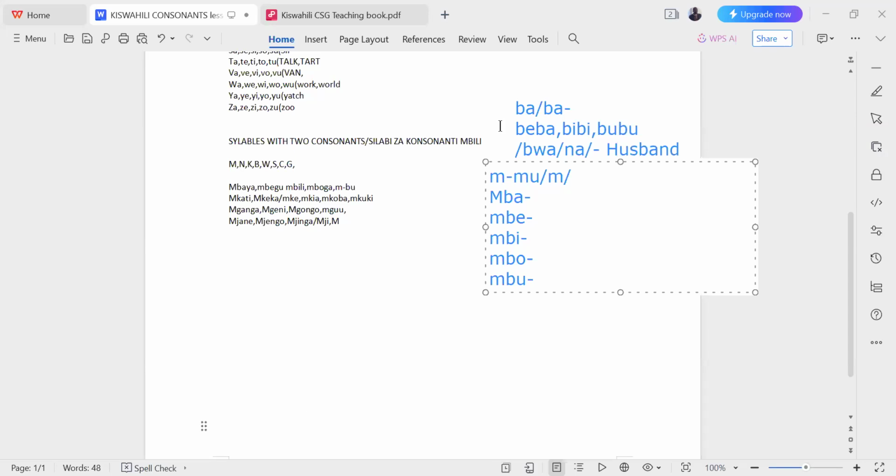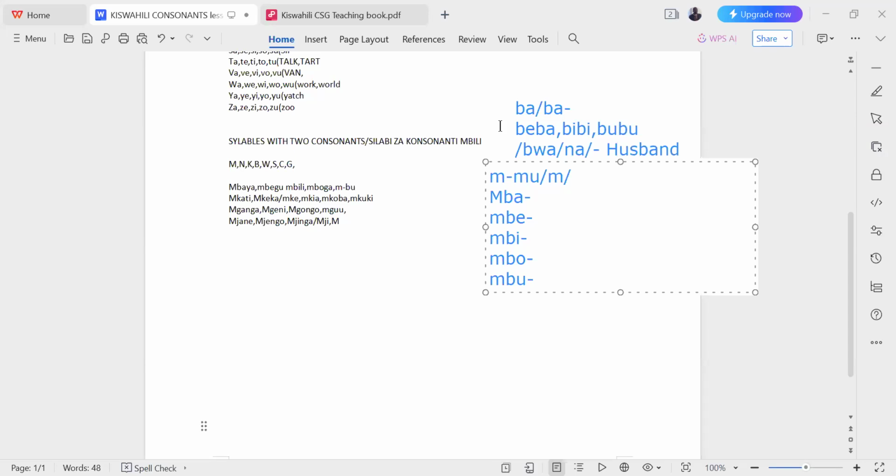Now you see, you bring the M separately. The M should not be pronounced on its own. It should come out as mba, mbe, mbi, mbo, mbu in one sound. That's how you are pronouncing it, coming in with an extra sound.